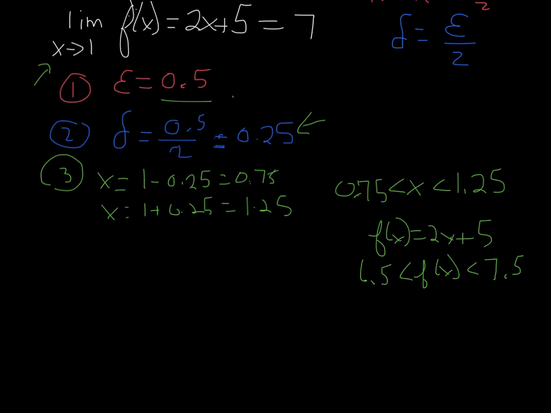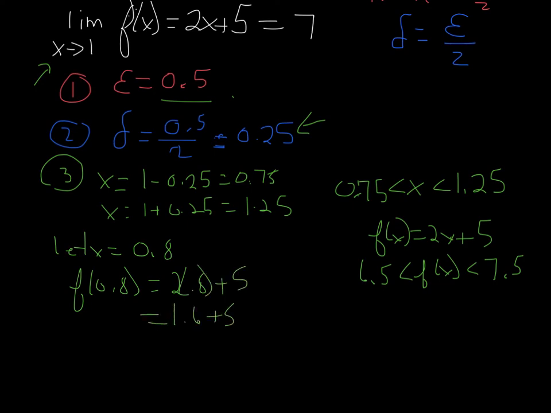So I'm going to choose a value of 0.8. So let x equal 0.8, because that's right in between, that's bigger than 0.75 and less than 1.25. I'm going to put that into my function: f of 0.8 equals 2 times 0.8 plus 5 equals 1.6 plus 5 equals 6.6.